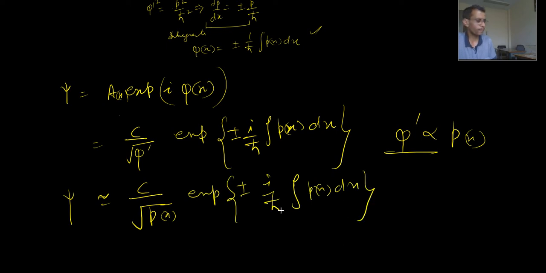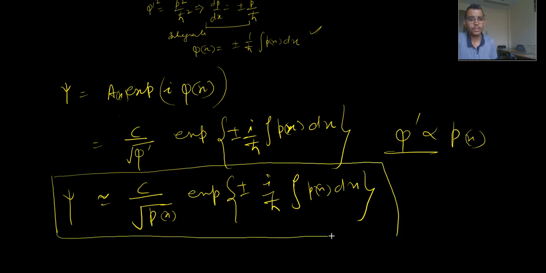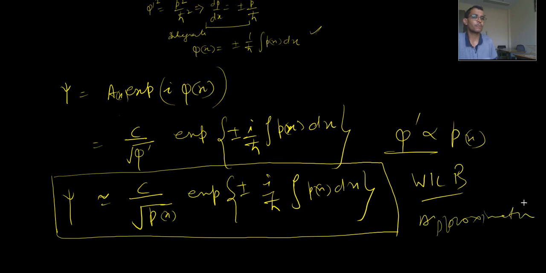So this is the value of the wave function while we are using WKB approximation, right? So this is all about WKB approximation and its mathematical formulation, and this is all for today. And in the next lecture I will discuss some quantum mechanical problems using WKB approximation.